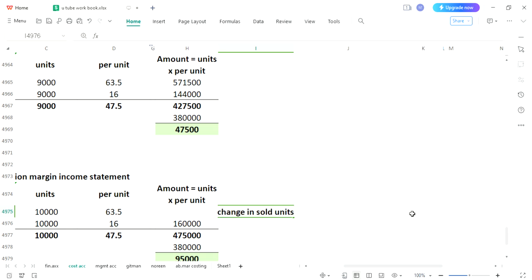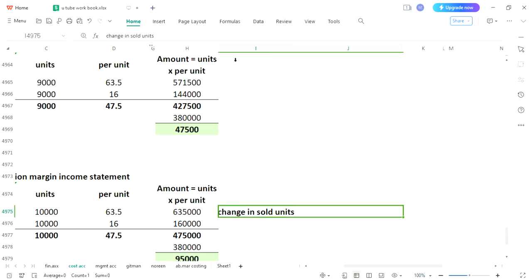Change in sold units would be calculated how? You will use a formula over here. Let's merge it so that everything can be understood easily. You can write percentage change in sold units.